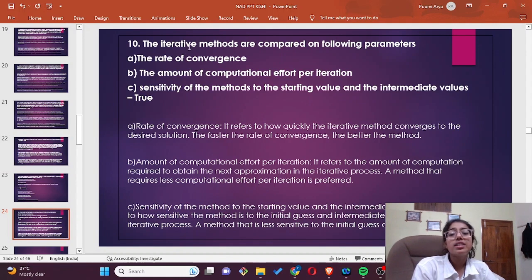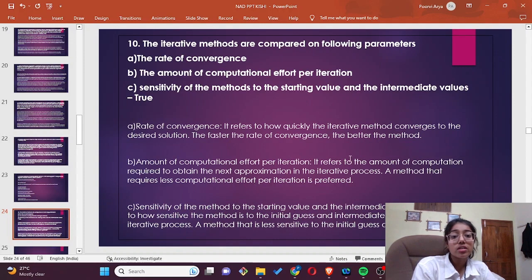Now, the iterative methods are compared on the following parameters: the rate of convergence, the amount of computational effort per iteration, and the sensitivity of methods to the starting value and intermediate values. It is also true, because the rate of convergence refers to how quickly the iterative method converges to the desired solution.